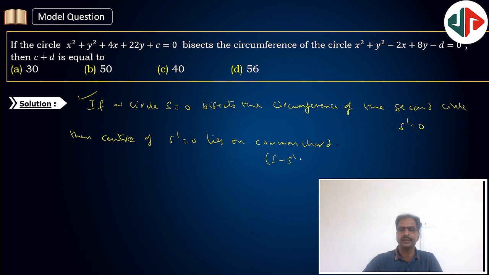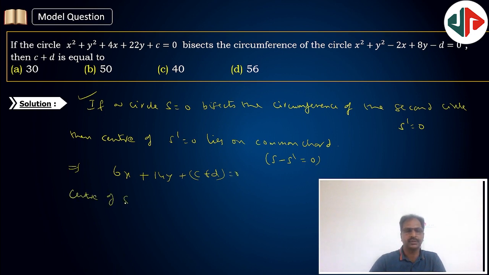By subtracting the two circle equations, S minus S dash. So what is the common chord? Subtract both the circles, you get 6x plus 14y plus C plus D is equal to 0. This is the common chord. What is the center of the second circle S dash is equal to 0? (1, minus 4).